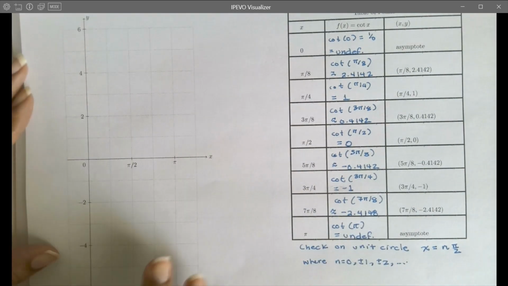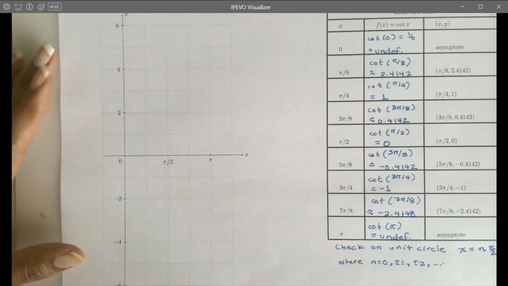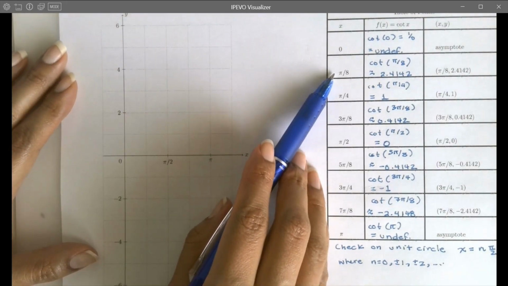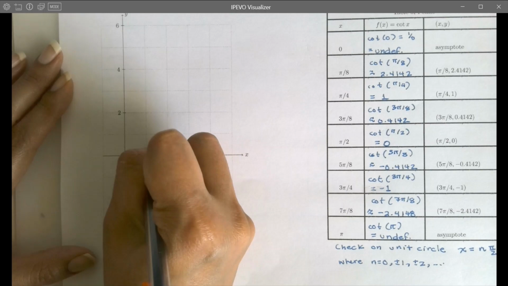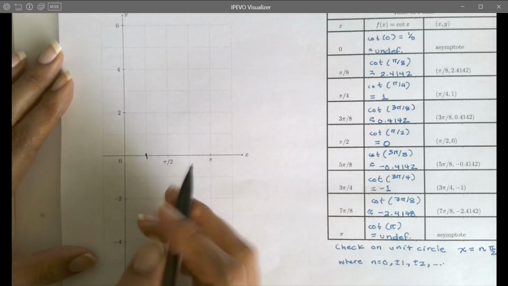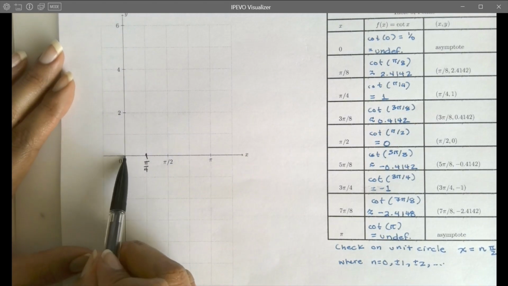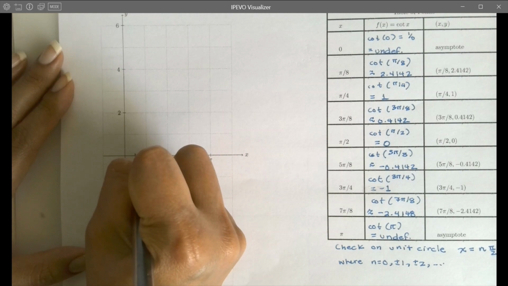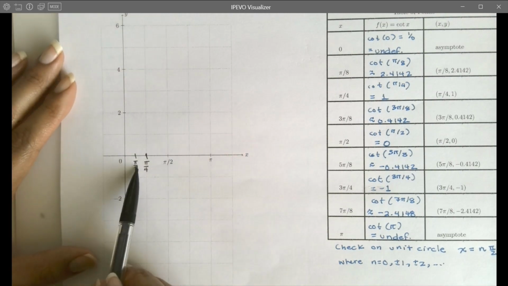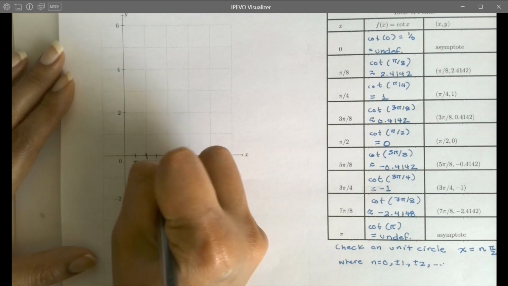Okay, so let's plot those, and notice this also has multiples of pi over 8. So I'm going to draw those tick marks before anything. Halfway between 0 and pi over 2, I'll find pi over 4. And then halfway between 0 and pi over 4, I'm going to find pi over 8. So this is 1 pi over 8, 2 pi over 8, 3 pi over 8.